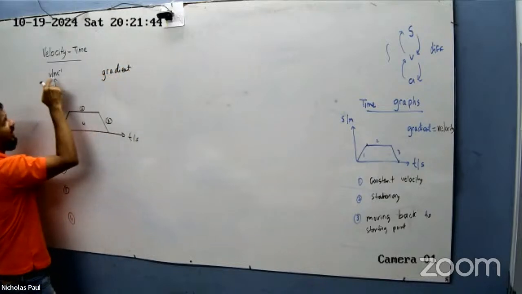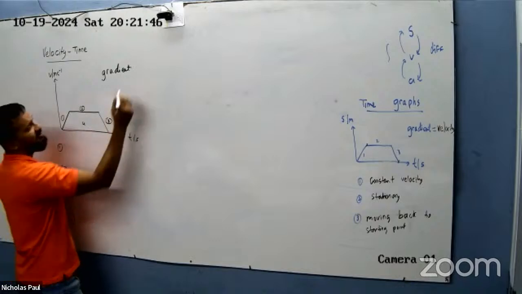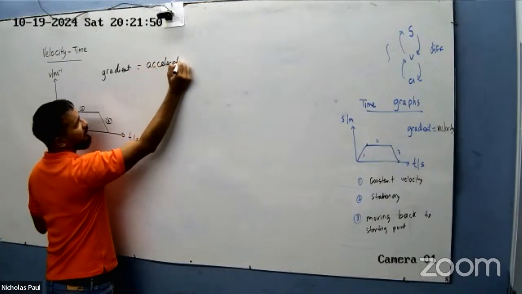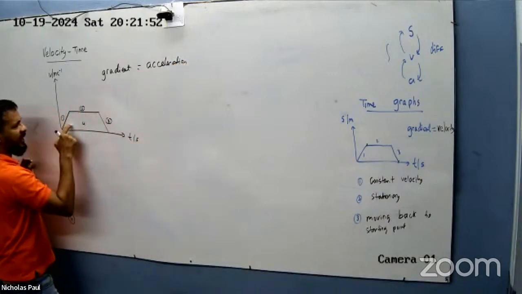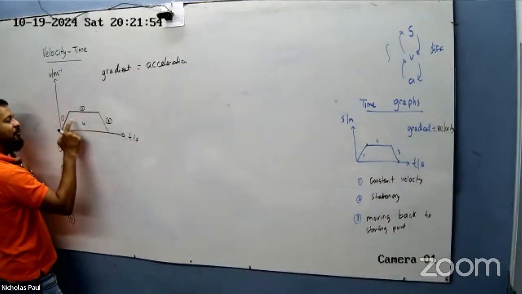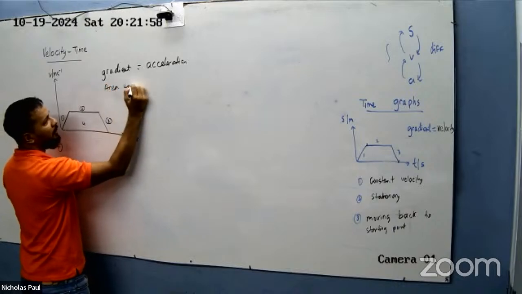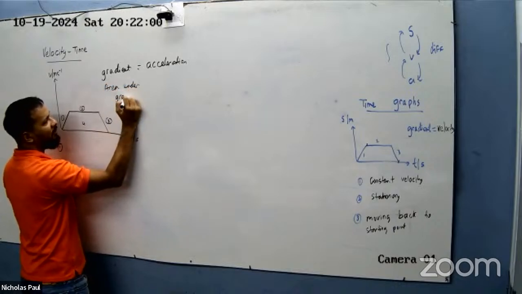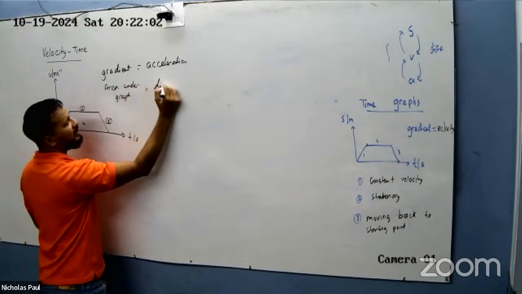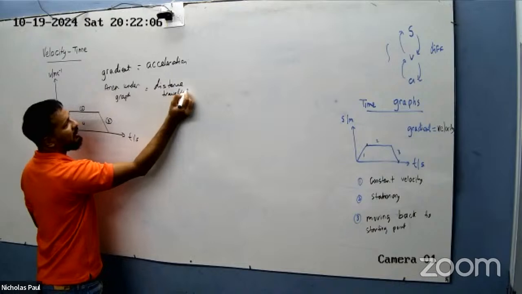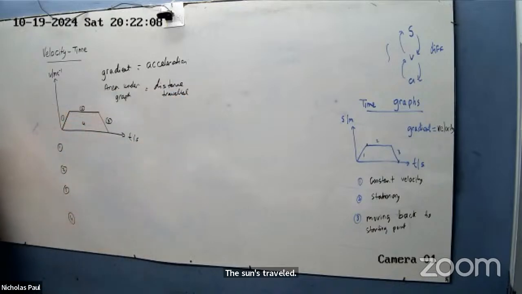The gradient of a velocity time graph is acceleration. And the area under the graph is equal to distance traveled.